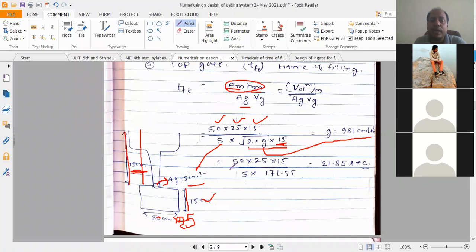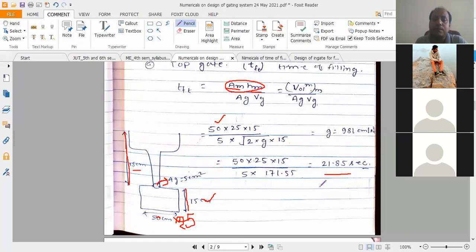So now we solve the equation, the formula 50 into 25 into 15 by 5 into 171.71. This calculation will be equal to 171.55. So now you can solve it through the calculator. It will become 21.85 second for the top gate.